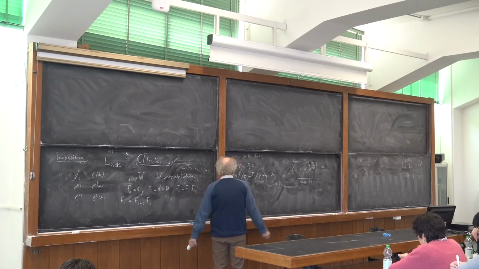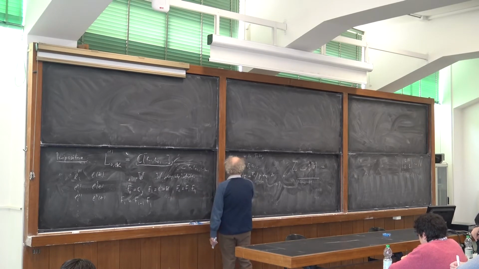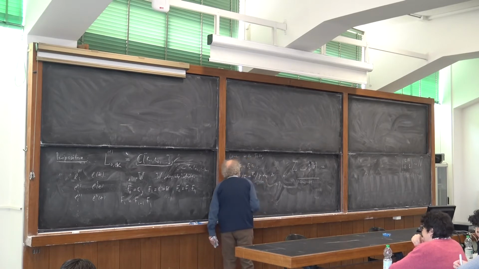And if I do it, I can calculate the characters. It introduces a new variable and charge: Y charge is 0 for this, 1 for this, 2 for this, and so on.